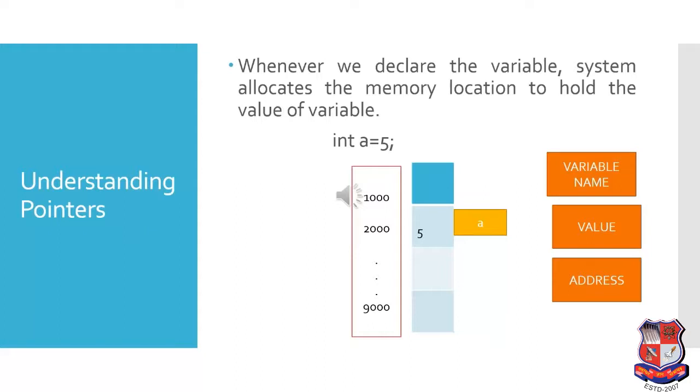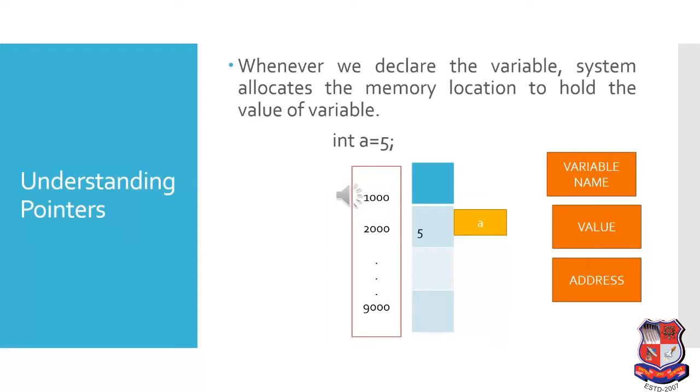Say, for example, I have written a C statement, int a = 5. Here, a is declared of type integer and assigned a value 5. To store this value 5, we need memory.